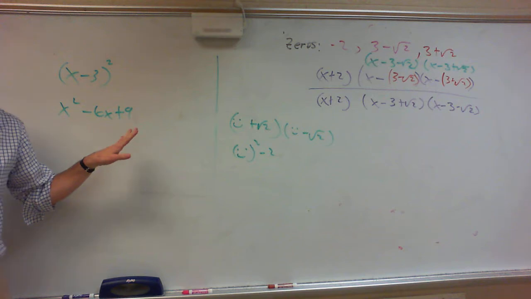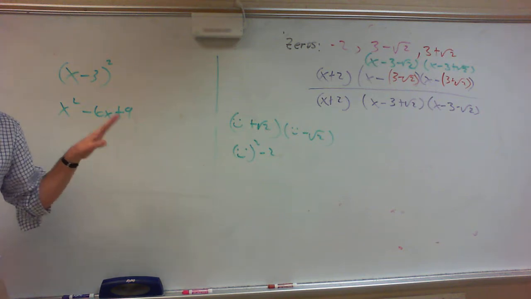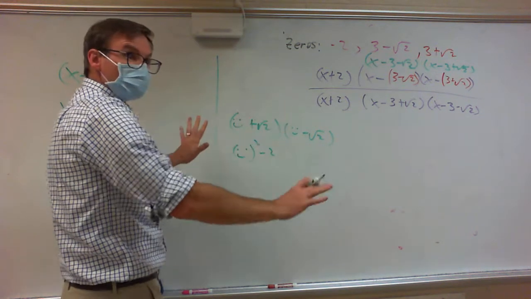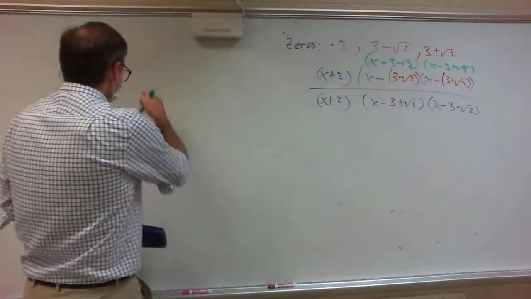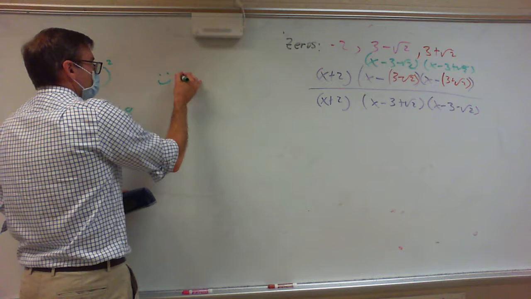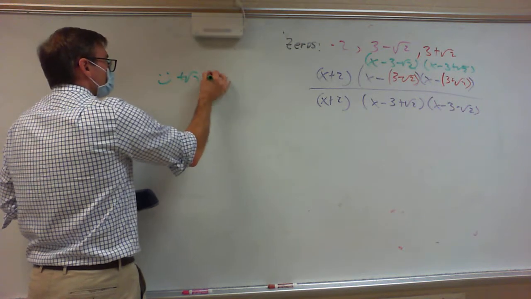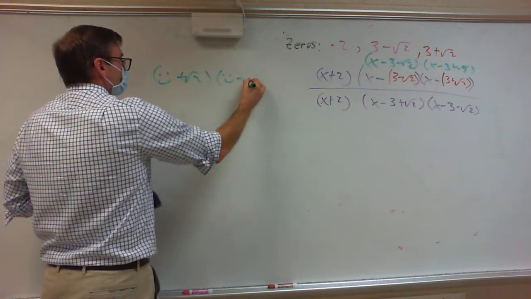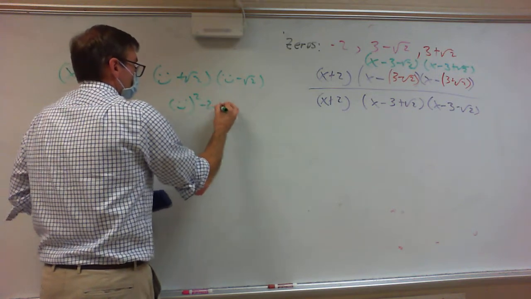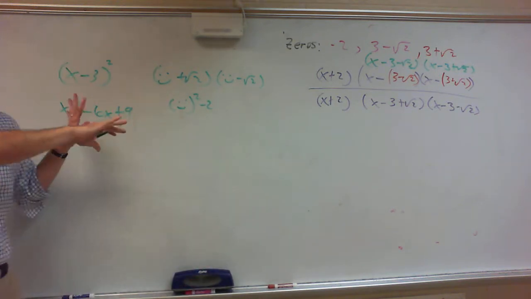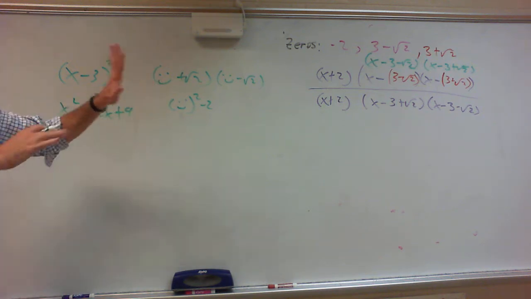Is everybody okay with that? All right. These two things are huge, right? So I'm going to write it down again. So we have this one, and then I have this thing where happy face plus the square root of 2 times happy face minus the square root of 2 is equal to happy face squared minus 2, all right? Are we okay with these two? These two skills are crucial.